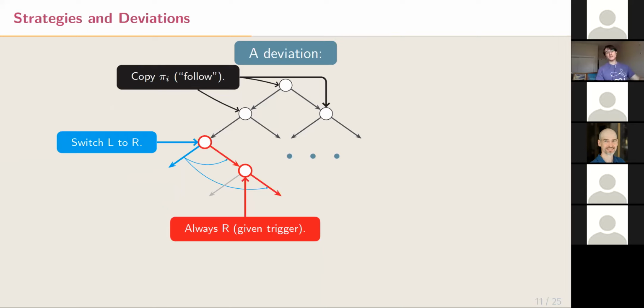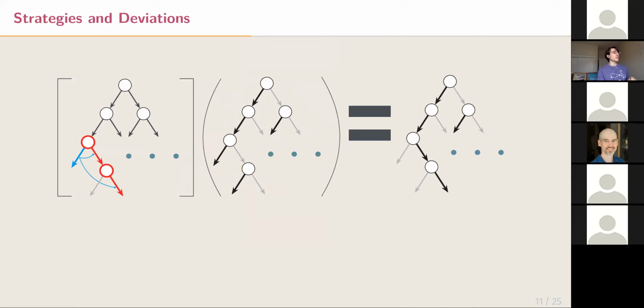Okay, so now how does this actually look to use this deviation? So it looks something like this. On the left, we have the deviation, which remember is a function. We're going to apply it to the strategy that we had before, and we get an output strategy that now plays left, left, right, right. Okay. All right.